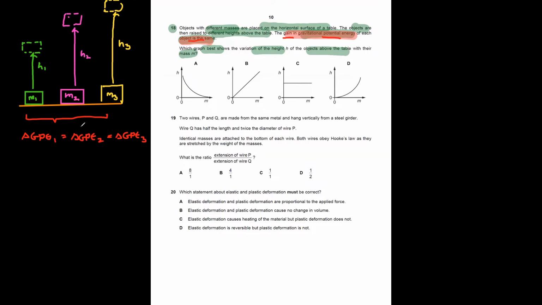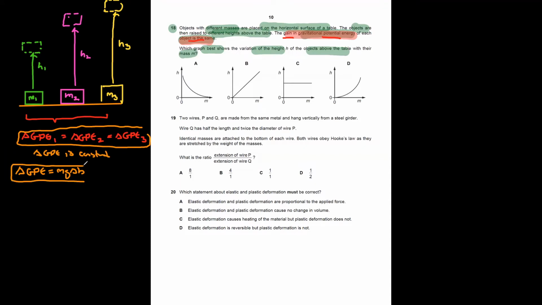The change in GPE is the same for all three different masses. Okay, so if I look at the equation for GPE, it is mg delta h. Now, this part alone at the top already tells me change in GPE is constant. I apply change in GPE equals mg delta h for all three masses, M1, M2, M3.